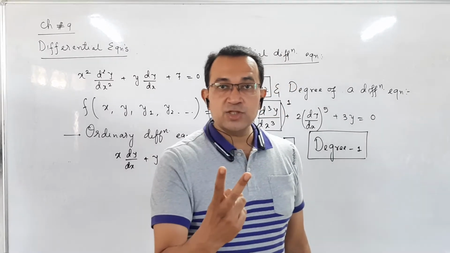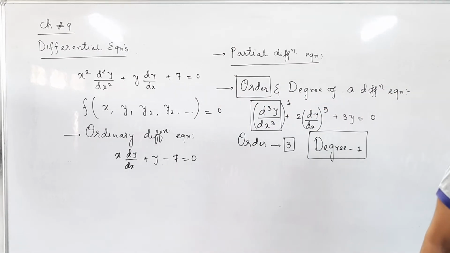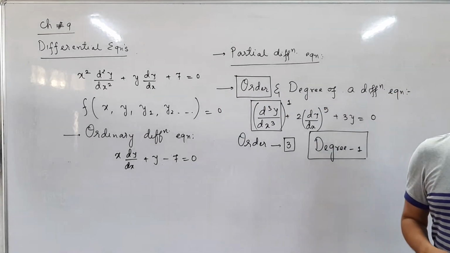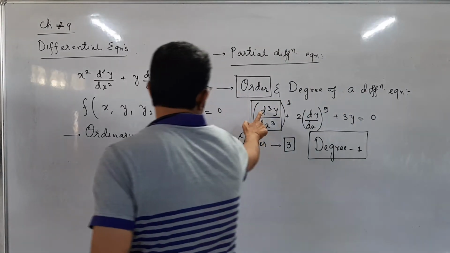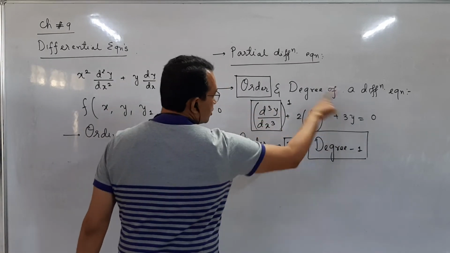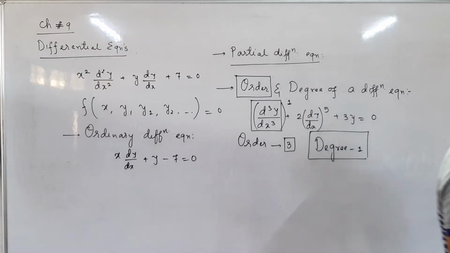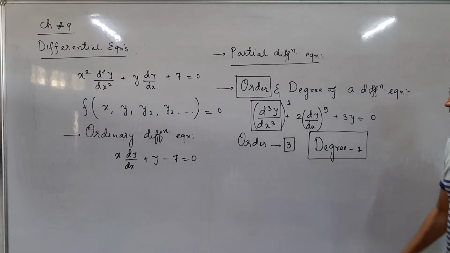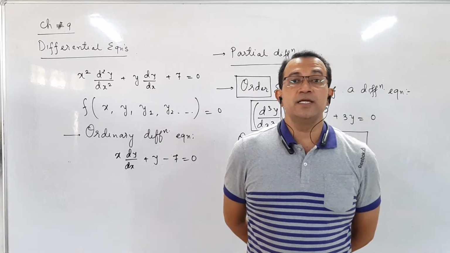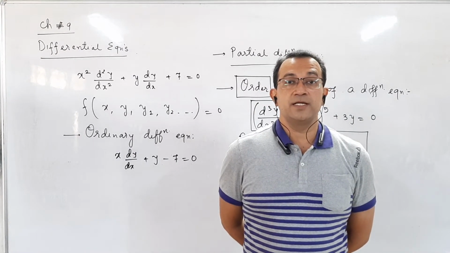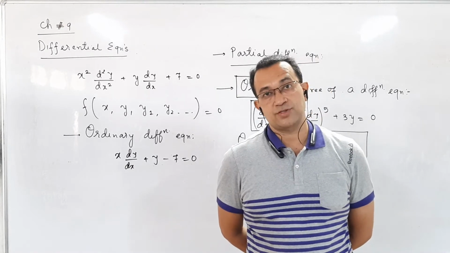So if I sum up these two definitions, order and degree of a differential equation, students pay attention. What is the order of a differential equation? The order of the highest order derivative occurring in a differential equation is called the order of the differential equation. But whenever I consider degree, the first requirement is that the differential equation must be written in a polynomial form of derivatives.